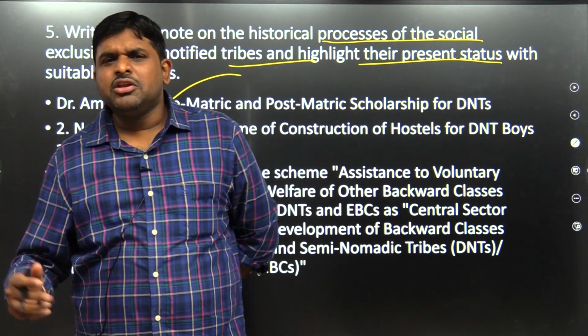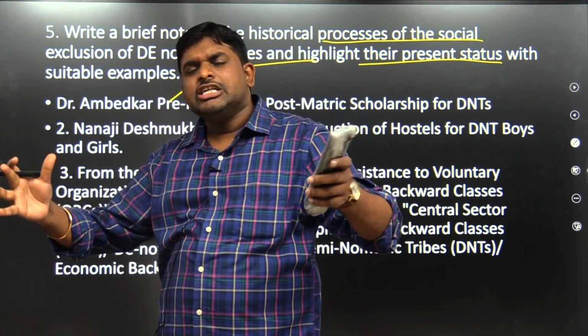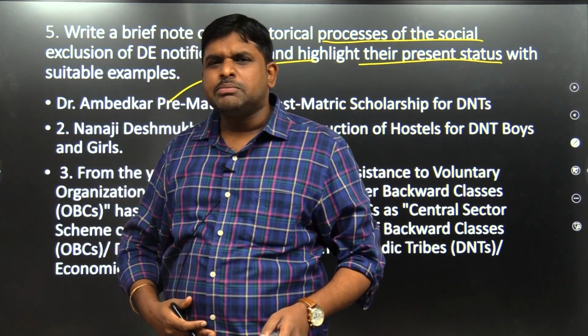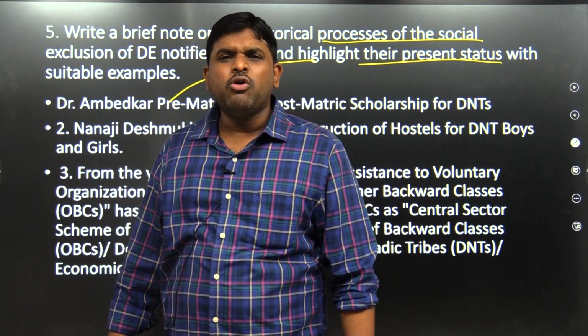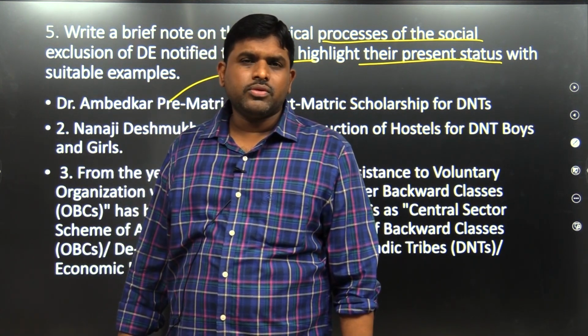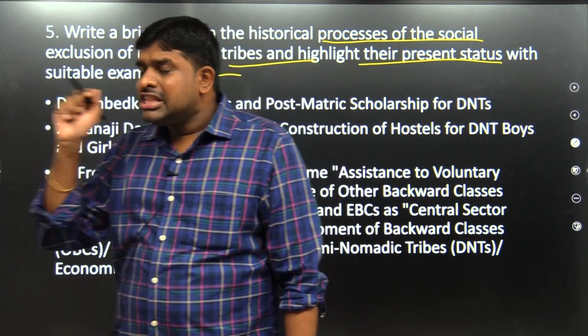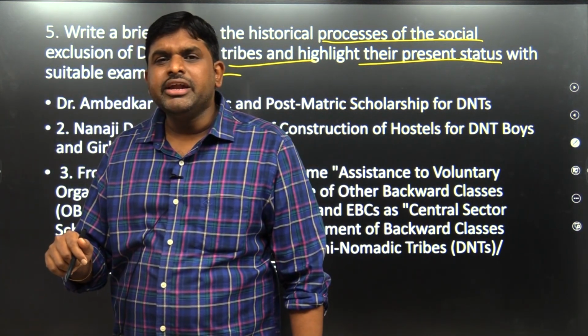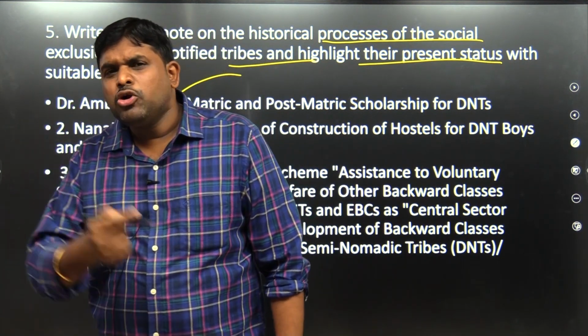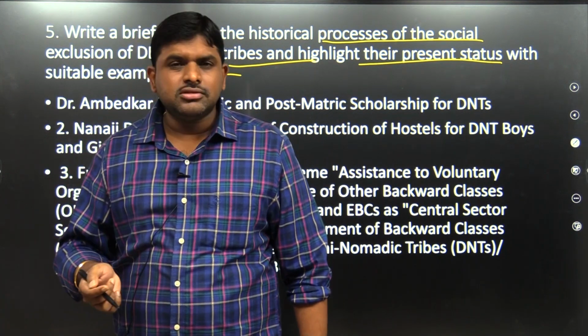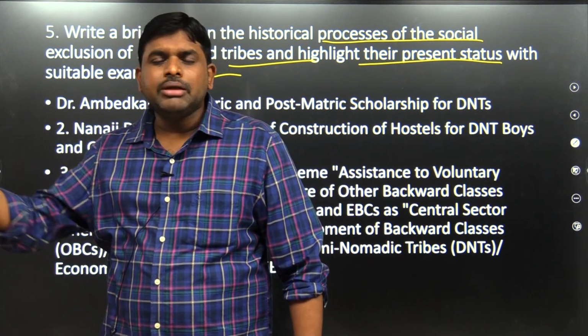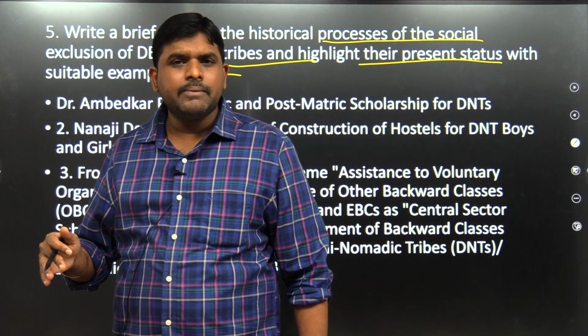And in 1911, more tribal communities were added to these criminal tribes. Their life became more vulnerable because they were confined to a limited area. They were made to report to the police for every instance. Gross discrimination was levied on them.